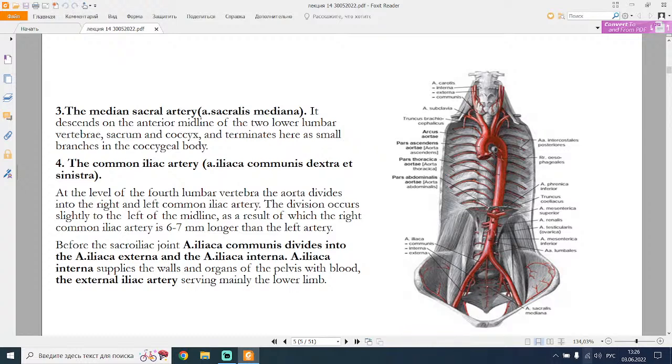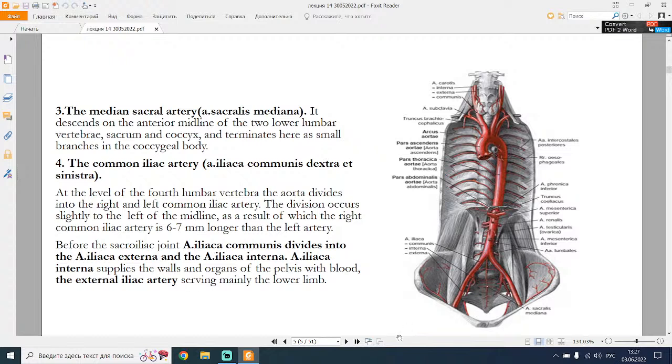Before the sacroiliac joint, arteria iliaca communis, right and left, divides into two: arteria iliaca externa dextra and arteria iliaca interna dextra, and on the left, arteria iliaca externa sinistra and arteria iliaca interna sinistra.